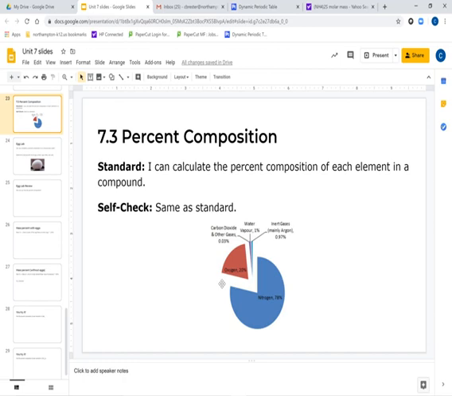So think of a situation where you were in a lab and you had an unknown compound and all that you had was data on particular elements that the compound contained, which happens a lot.